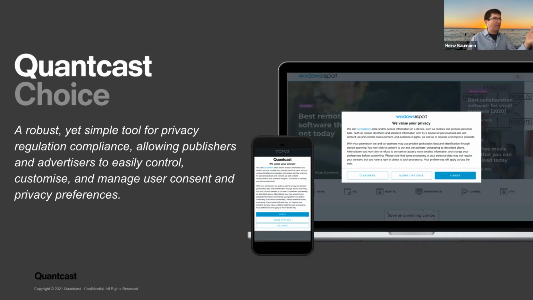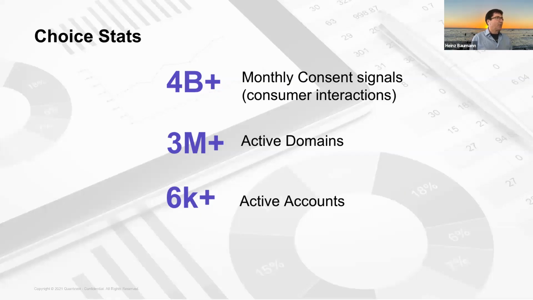And you see here a couple examples on the mobile device and on a PC. So a couple stats just to get an idea of what our volume is. We're seeing about 4 billion plus monthly consent signals. That is consumer interactions across the world. We have over 3 million active domains, that are domains that we're getting log information back, that we know that somebody on that domain saw a CMP that month.